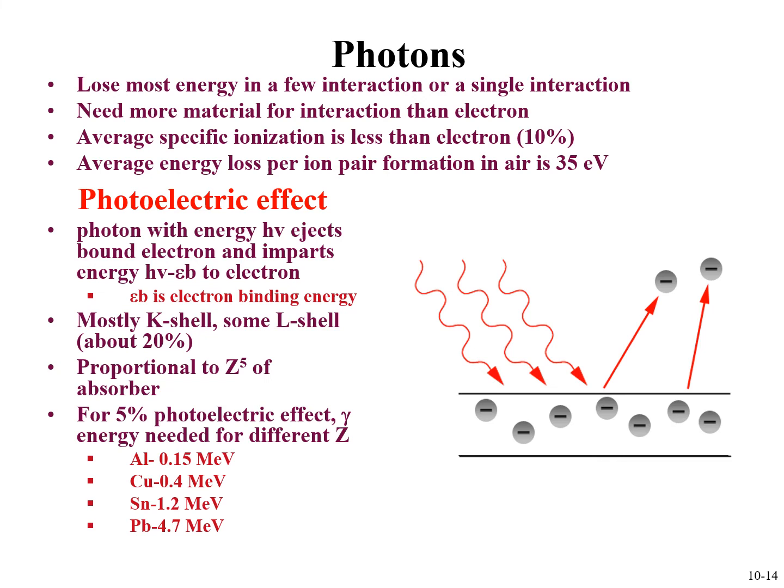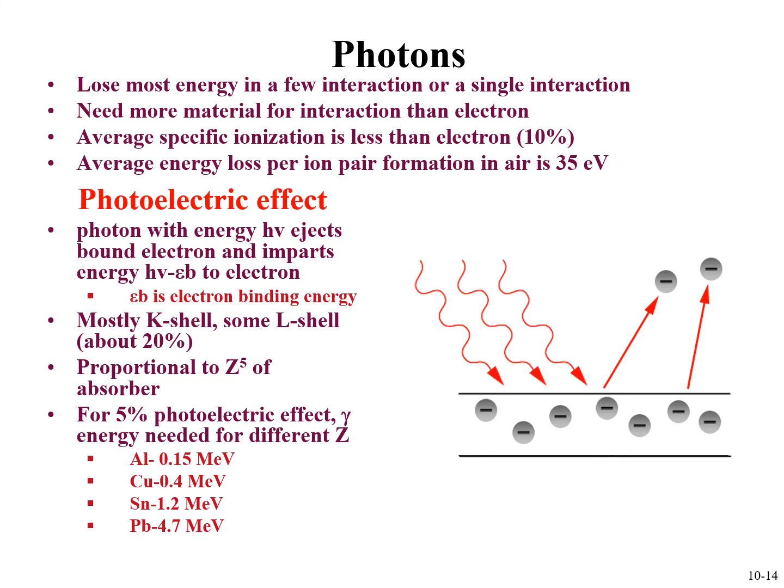And for 5% photoelectric effect, the gamma energy needed for different materials varies. As we see for aluminum, it's a relatively low amount, and for lead, it's a higher amount. So this photoelectric effect is competing with other effects for the interaction of the photons with the matter.